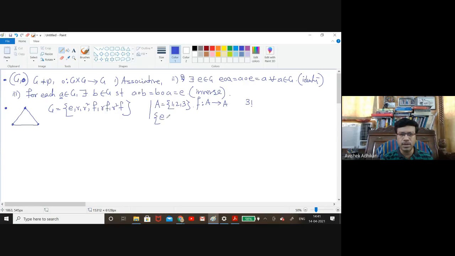For example, E, then the 2-cycles (1 2), (1 3), (2 3), and then the 3-cycles (1 2 3) and (1 3 2). In our last class, we have already developed these symbols. What does (1 2) mean? 1 goes to 2 and 2 goes to 1. And since the element 3 is absent here, that means 3 goes to 3.